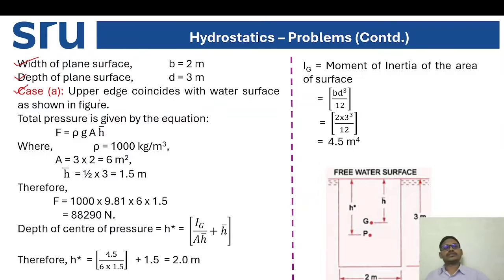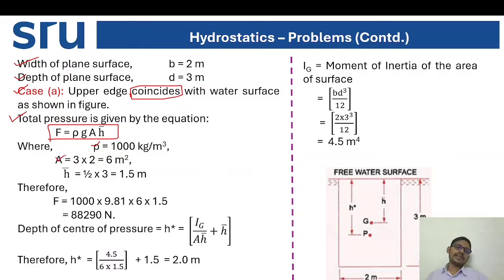In the first case, the upper edge coincides with the water surface as shown in the figure. The total pressure is given by the equation F equals rho g A h bar, where rho g equals 1000 kg per meter cube of water.